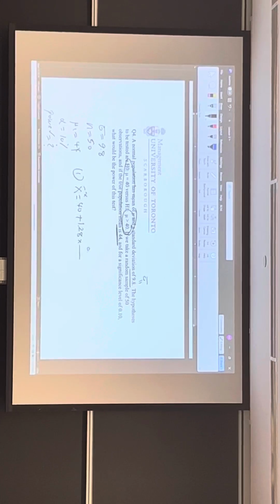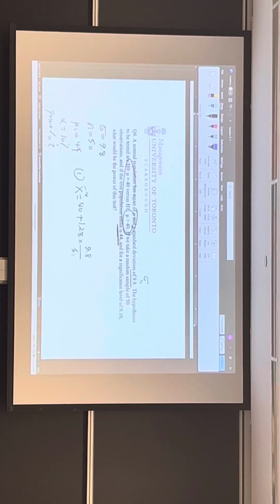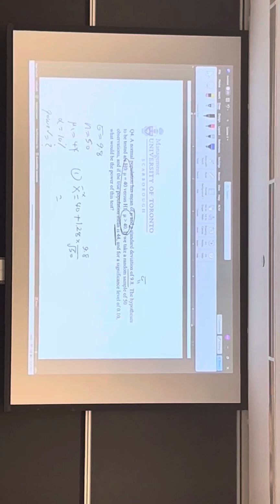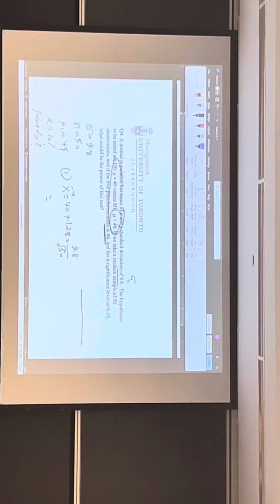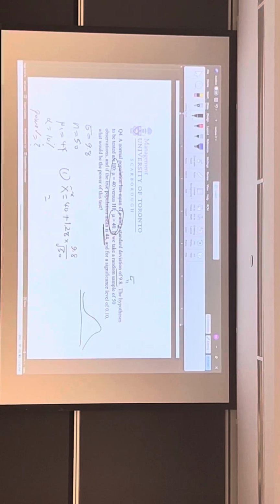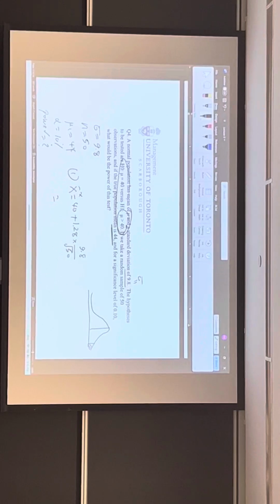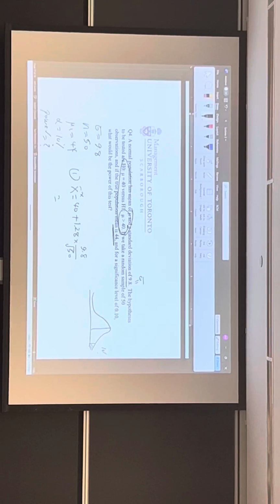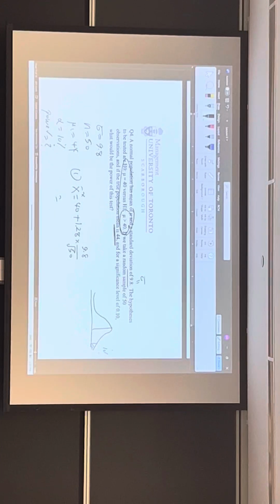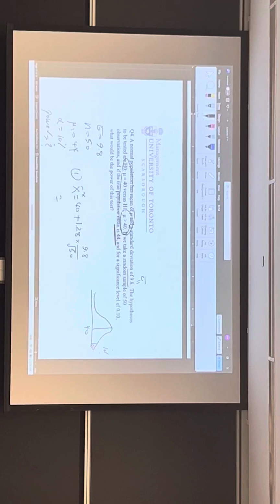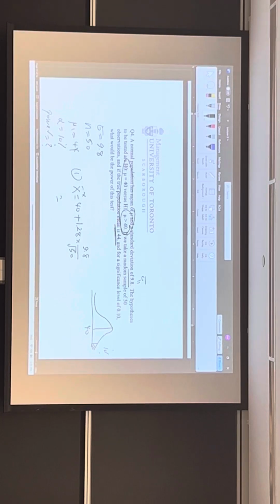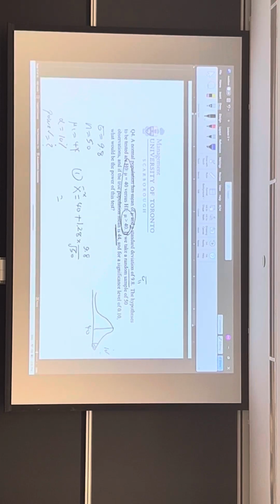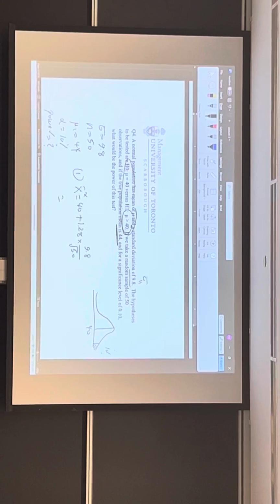Then the standard error. What is the critical value on the original distribution? Let me graph it for you. You're trying to find a number here for which this area is 10%. That is your x bar star. What do you get? What's your critical value on the original distribution?